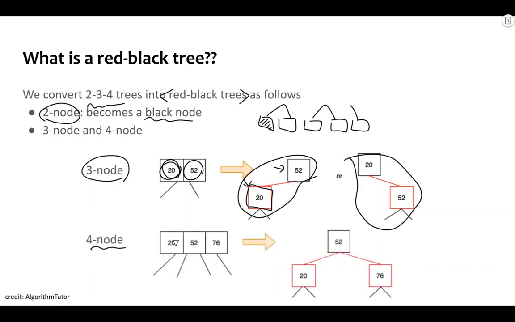And a 4 node becomes this architecture. As you can see here, the center node becomes the black parent node, and the left and right siblings become 2 red children of the center node.